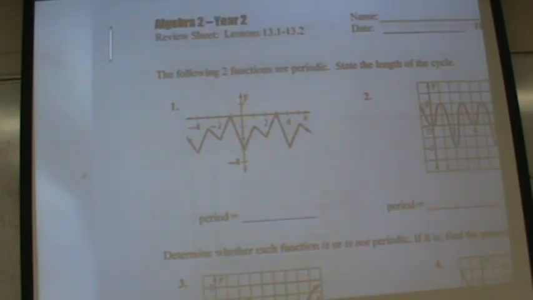The first two questions, the objective was, you were given functions that were periodic, and you were asked to state the length of the cycle. So they are periodic. Can you tell me how long a cycle is?